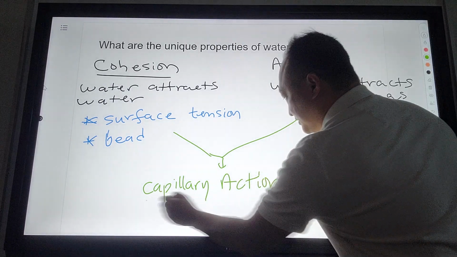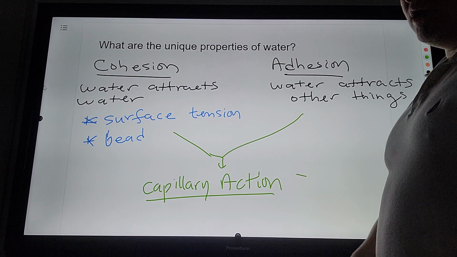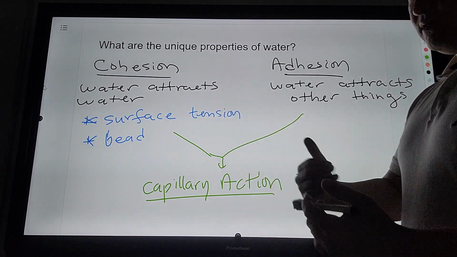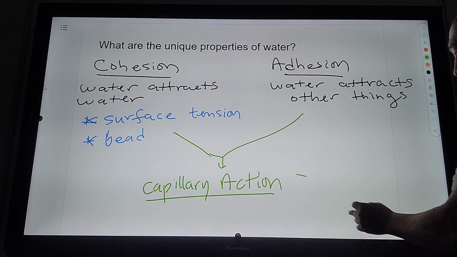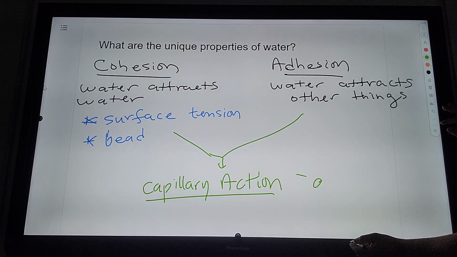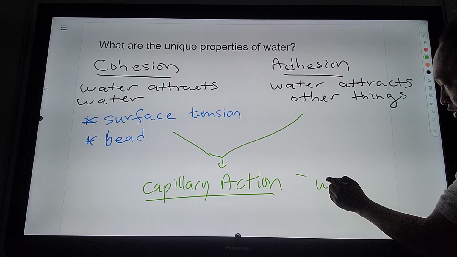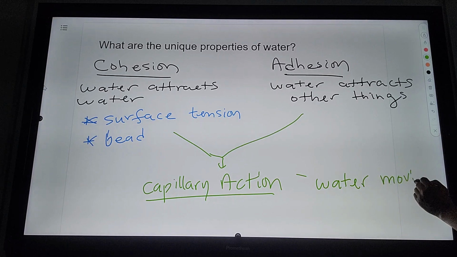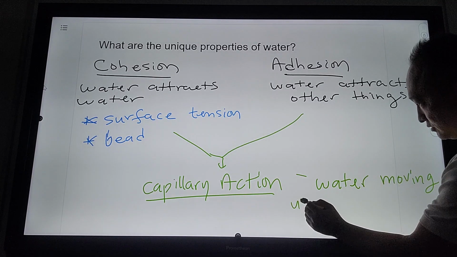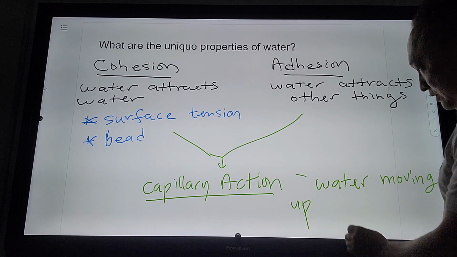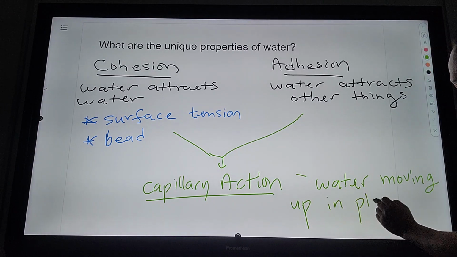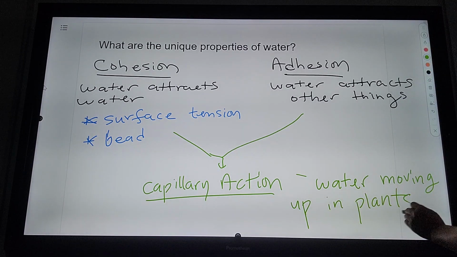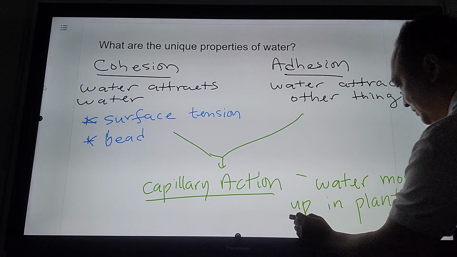Capillary action is just a phenomenon where water goes up against the force of gravity. So we can describe this as water moving upward in plants, which is where you would find this in biology.